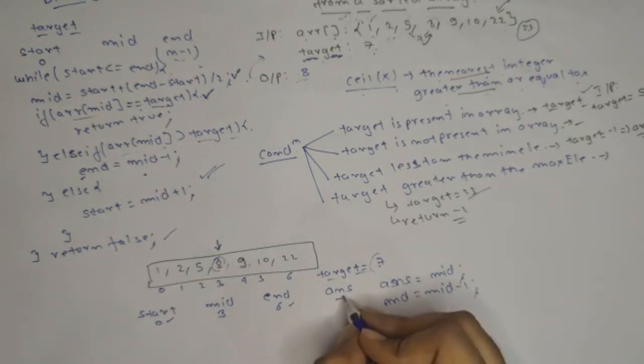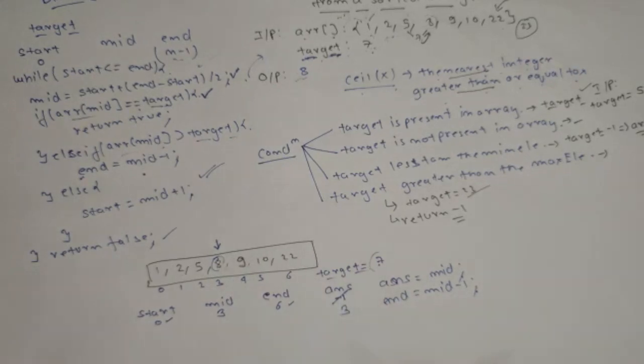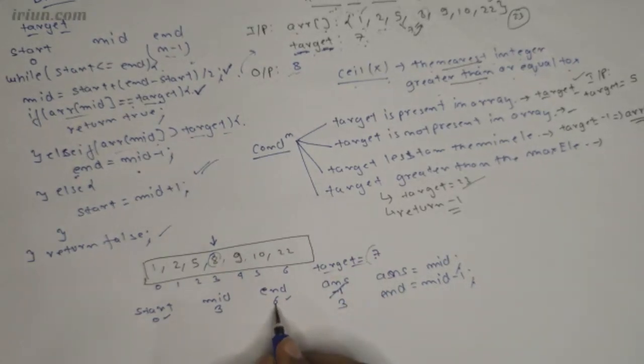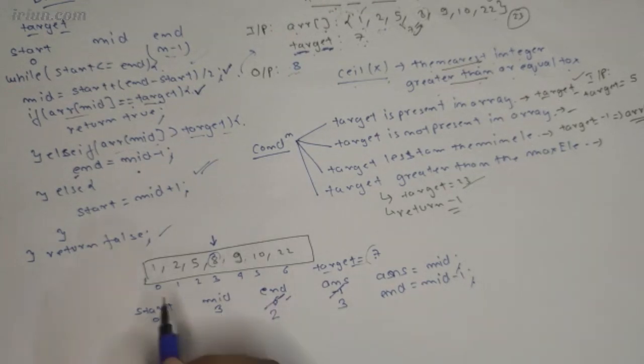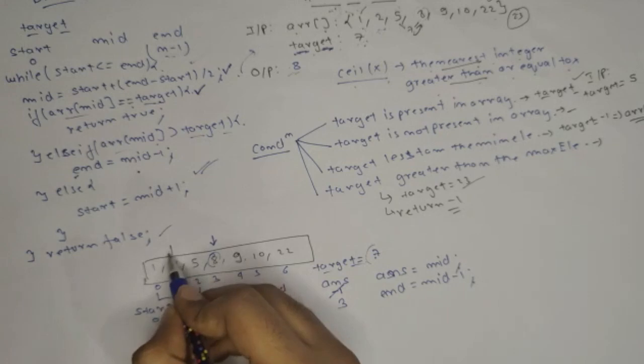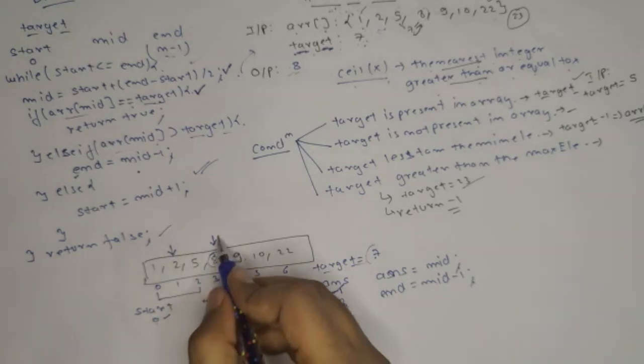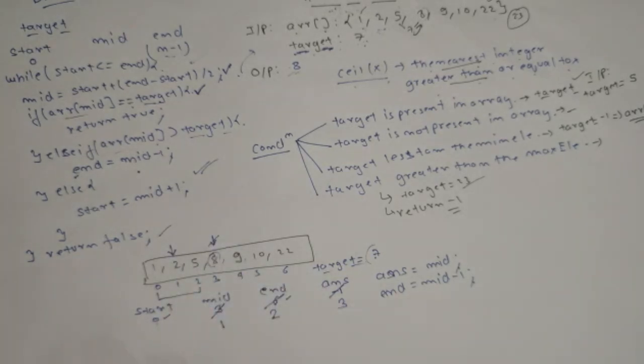Okay, so we will store here 3 and we will modify end as mid -1. So what was the mid? Mid was 3 and the new end value will be 2, means our search is now restricted in this half. Okay, then again we will calculate mid: 0 plus 2 divided by 2, and the output will be 1, and our mid will point to this instead of 8.